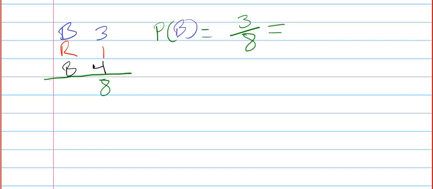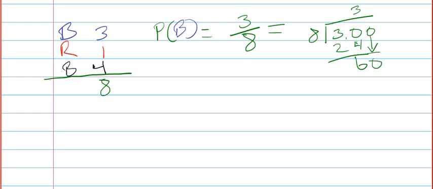Now I could also make this into a decimal and into a percentage. So to make it into a decimal, how many times can 8 go into 30? That'll be 3 times. 3 times 8 equals 24. Bring this down, and that'll be 6, and 7 times 8 is 56, and we could close it off right here.